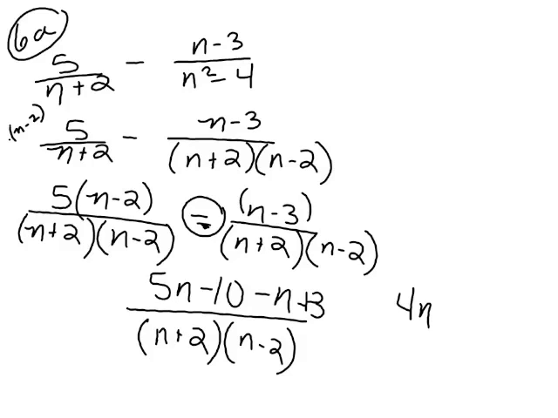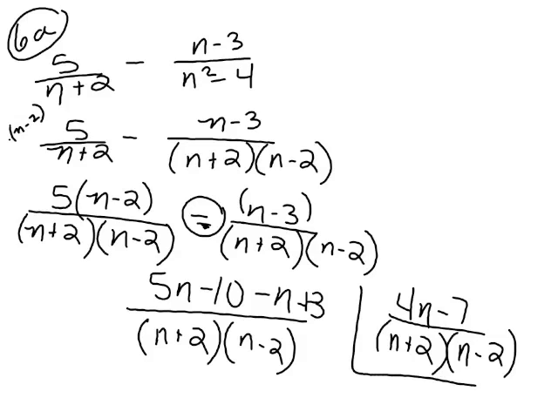So I have 5n minus n and negative 10 plus 3. So 4n minus 7 on top. Then what's down below? N plus 2, n minus 2. Can we see any other way to simplify that? Okay, so then that would be our final answer.